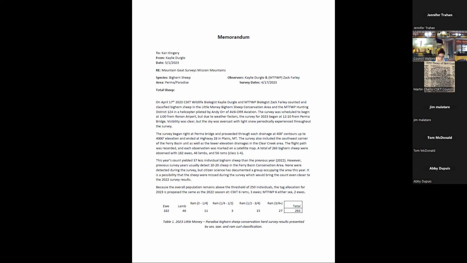So the proposal this year is the same tags as last year with 6 rams and 3 ewes for CSKT. Six rams, 3 ewes. Correct.